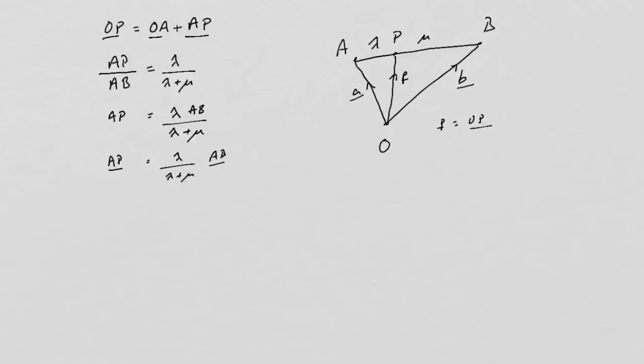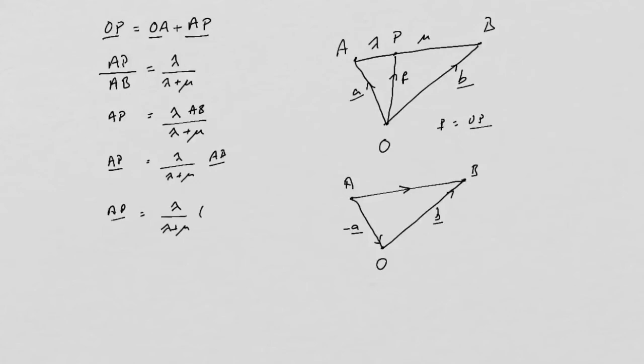Now, a quick aside, and this very important vector matter, is that if we want to find out what the vector from A to B is, we can think of traveling to O, and then from O to B. So we go from A to O, O to B, and that will give us A to B. Now, going from A to O is minus A, and going from O to B is plus B. So that means that we can write AP equal to lambda over lambda plus mu times B minus A.